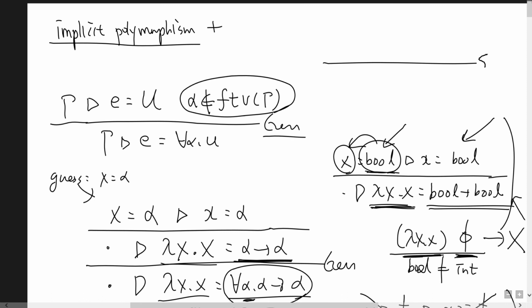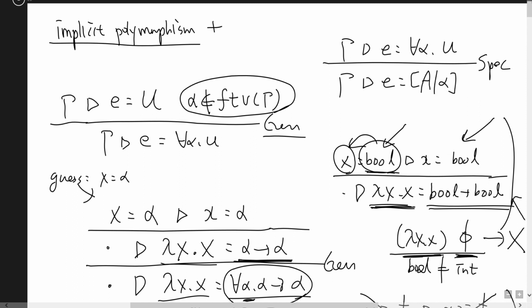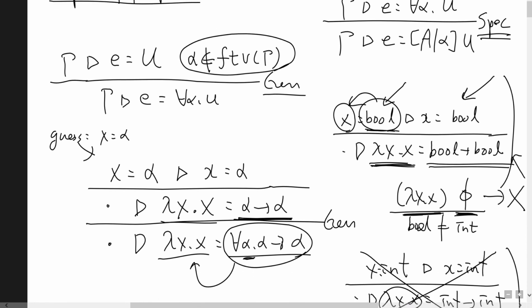The specialization rule goes: if expression E has type for all alpha U, then you can always specialize the type variable alpha to a concrete monotype A. So you can always apply the specialization rule.